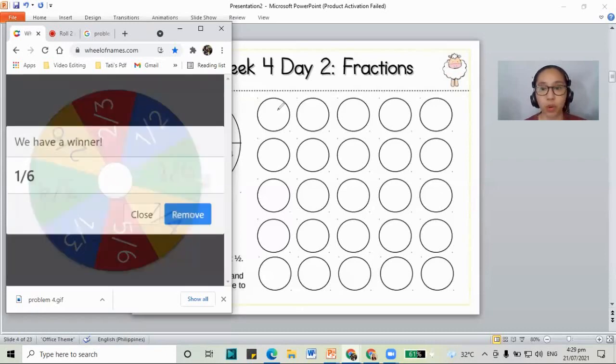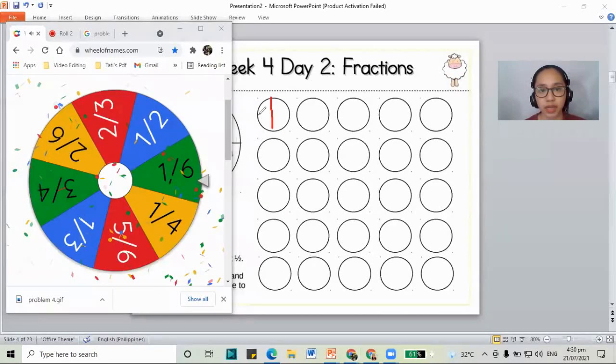We have 1/6. Let's imagine we're doing our pie and we need to cut it in 6 pieces. So we have 6 already. And how many do we need to take away? There's only 1 to make 1/6.